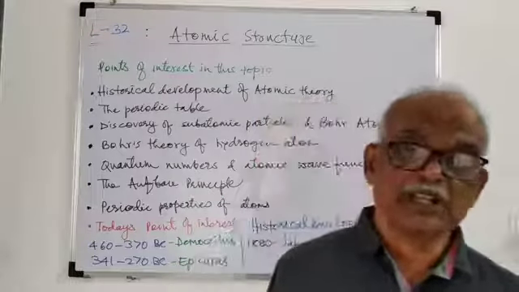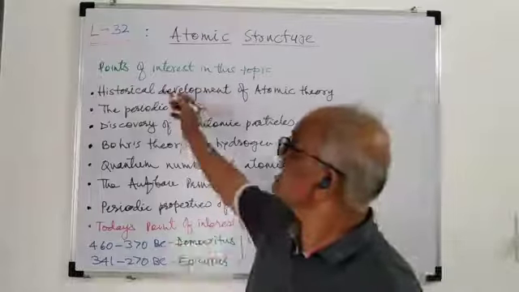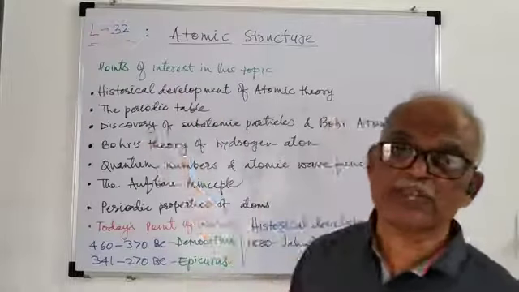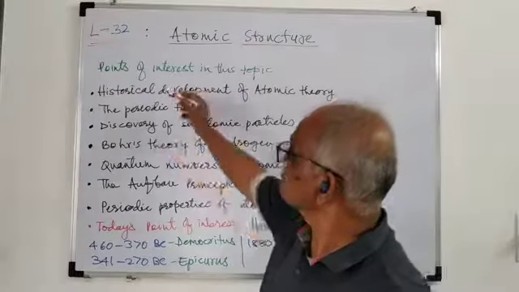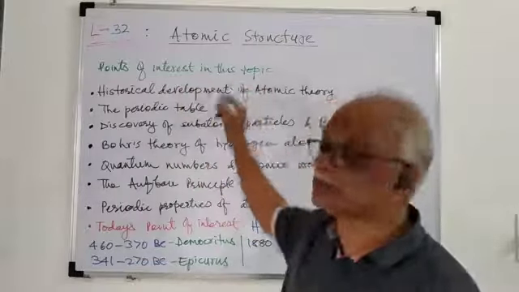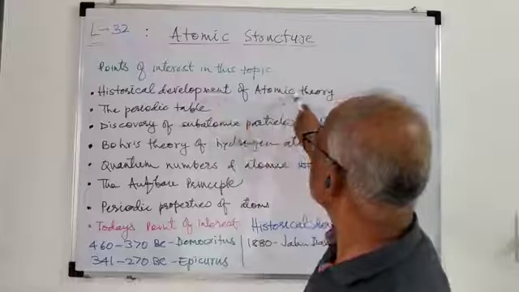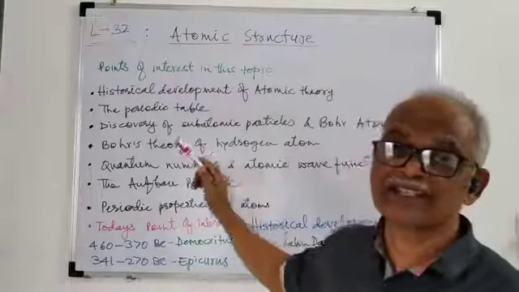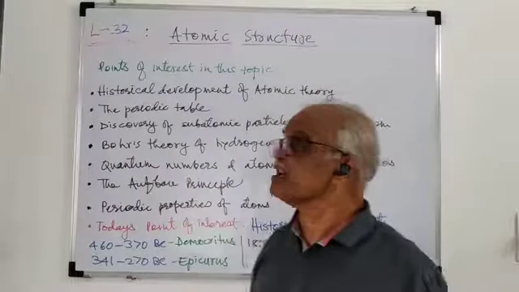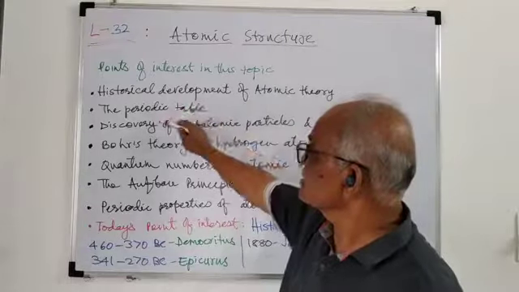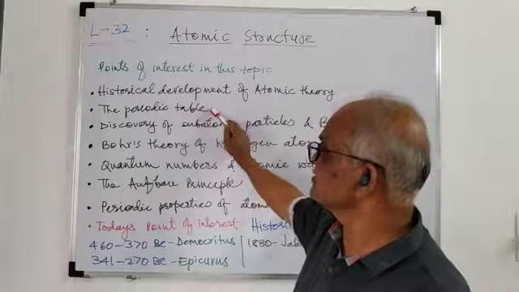First of all, we will see what the points of interest in this topic are. First is the historical development of atomic theory, which discusses the history of atomic structure. Second is the periodic table.